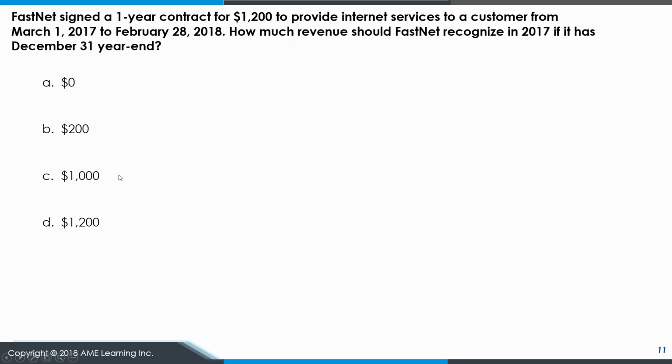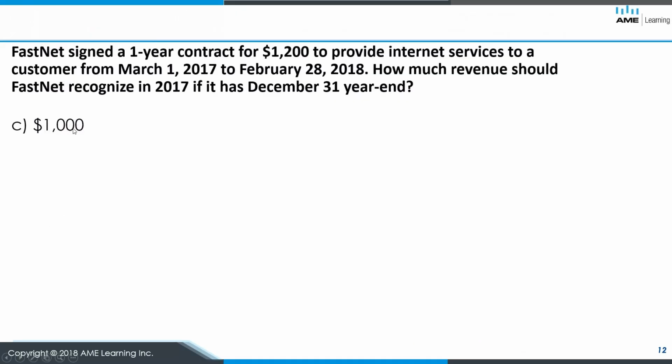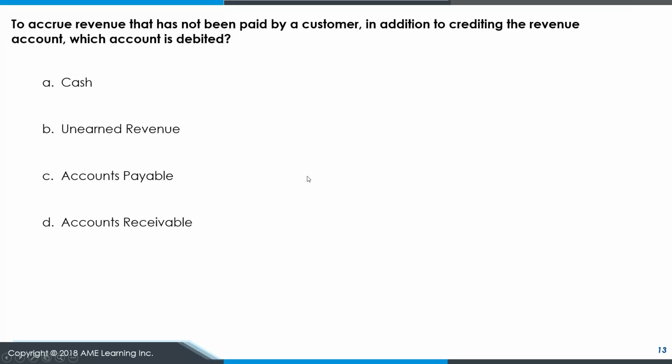So we will have earned $1,000 in 2017, and then in 2018, we'll earn the other $200 when we provide the services in January, and then here in February, which at the end of February, the contract concludes and we're not providing any further services beyond that.